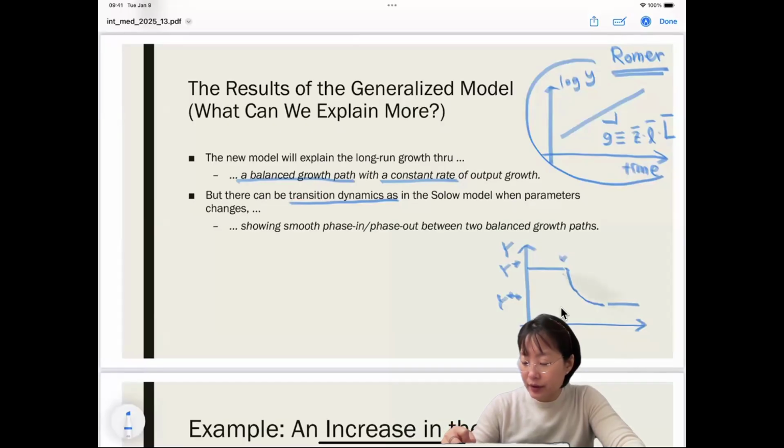So this is a fast, steeper slope, and then the slope becomes flatter and the speed gets slower. So this was an example of transition dynamics of the Solow model.